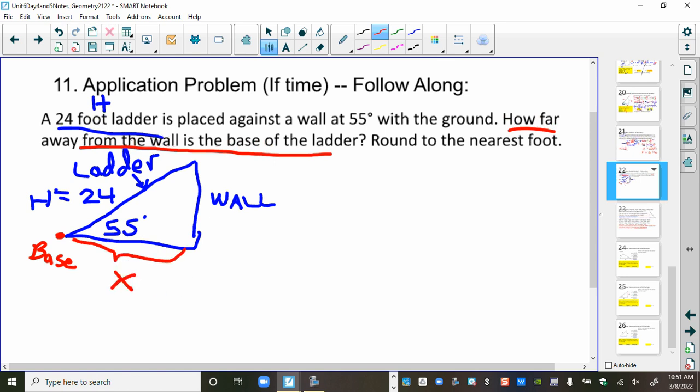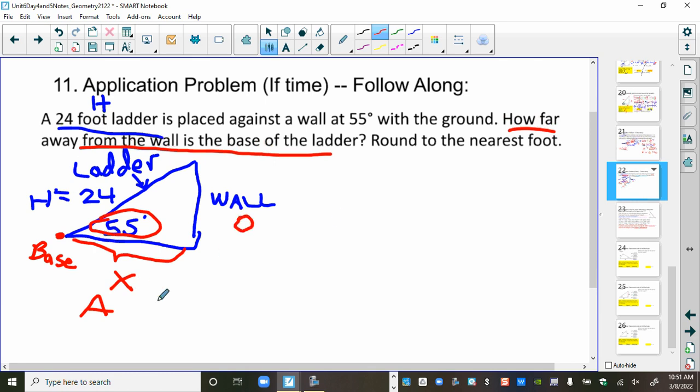We don't know that. But what do we know? We have a ladder. We need this distance from the base of the ladder to the wall, but with respect to the angle, is this distance the opposite or the adjacent? Okay, in the end, this distance from the base of the ladder to the wall, that's our adjacent side.